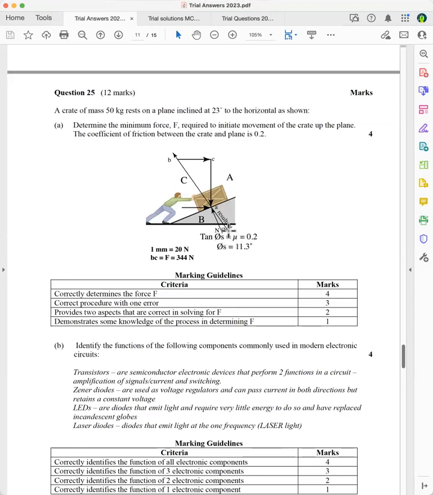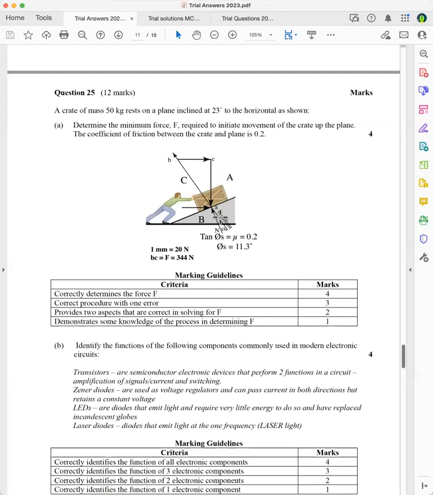You use your protractor, you use their diagram, and then you put your resultant in, and that will eliminate the force of friction and the normal. So you've got 1, 2, 3 forces acting there. I use Bow's notation.